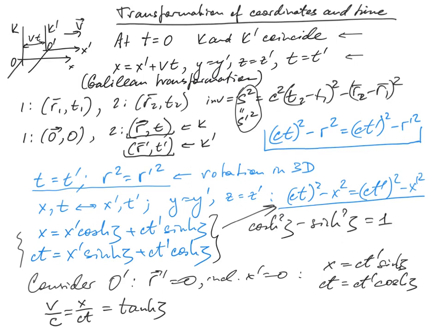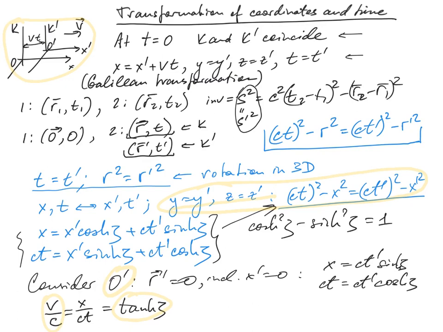So we find that this transformation here corresponds to the situation where the origin of k prime is moving in reference frame k with velocity v that is parametrized by this parameter zeta, and the y and z coordinates are not affected. So this is obviously the transformation corresponding to the situation that we need, namely that k prime is moving with velocity v with respect to k.